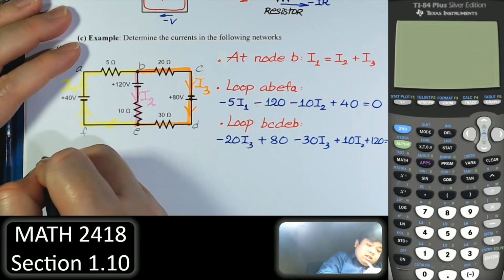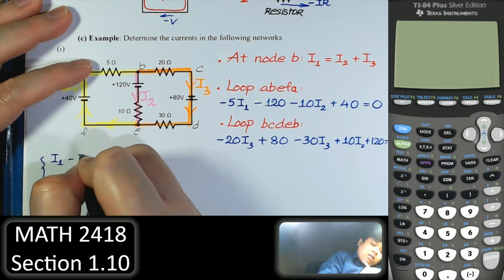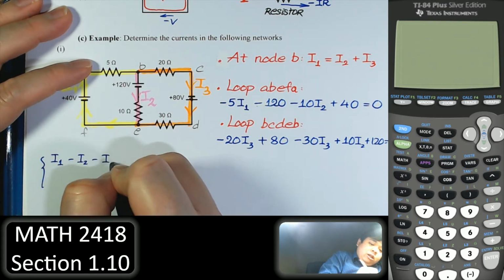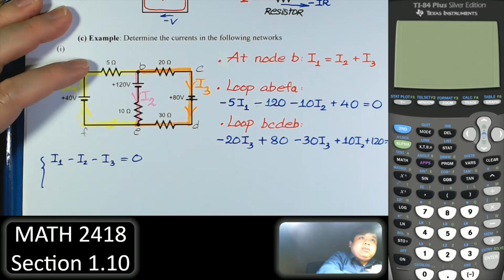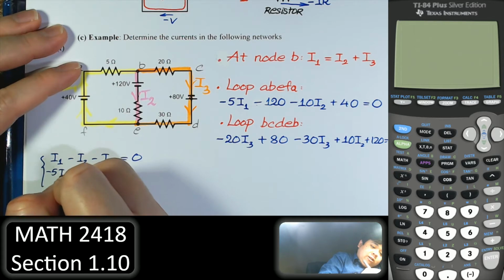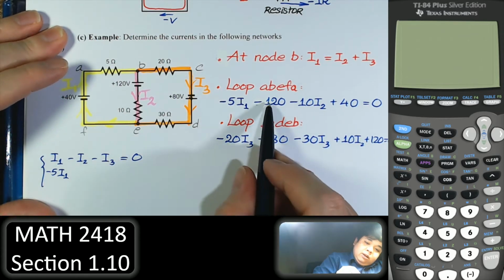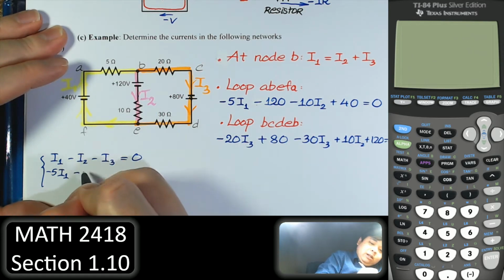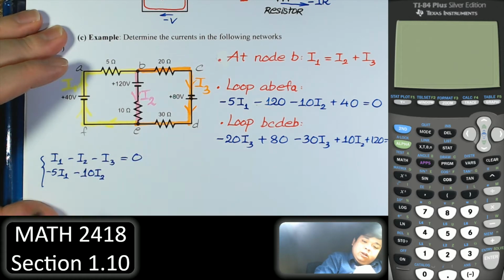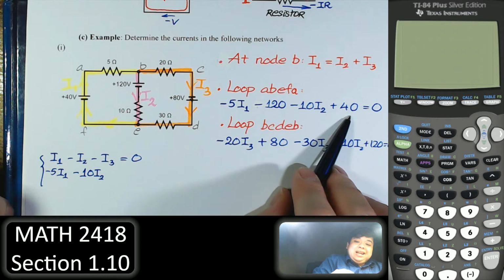We should have the system of equations as follows: I1 minus I2 minus I3 equals 0. And next, negative 5 I1 minus 10 I2, negative 120 plus 40, that is negative 80.